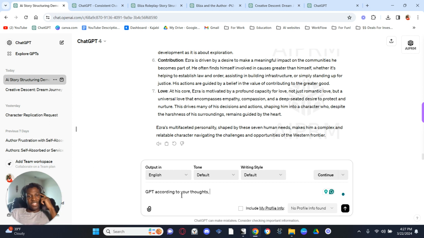Now remember, all this is done in my head. I don't need this because I still suck. I don't suck this bad, but GPT is helping us. So GPT, according to your thoughts, what needs are being deprived of in the Western setting we've created?